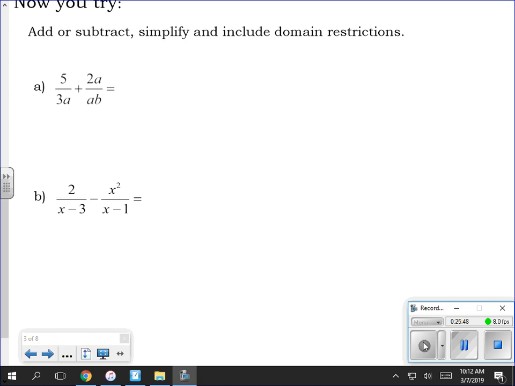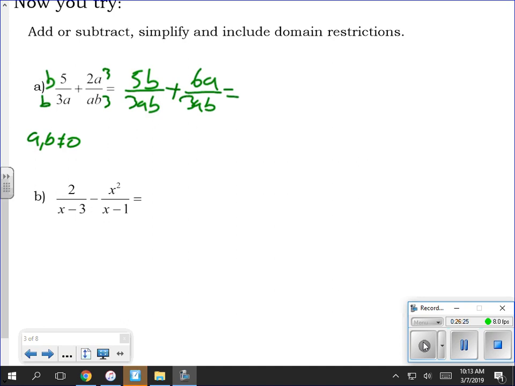All right. So my domain restrictions: a and b can't be 0. That's an easy domain restriction. What's in the second denominator that's not in the first? a b. So multiply this one by b over b. And that gives me 5b over 3ab for my first fraction, plus what's in the first denominator that's not in the second, 3, so I multiply by 3 over 3, and I get 6a over 3ab.